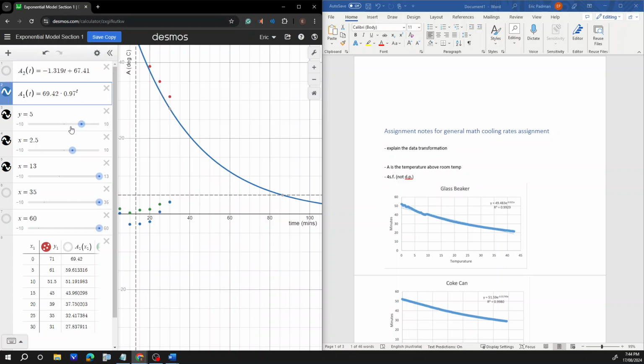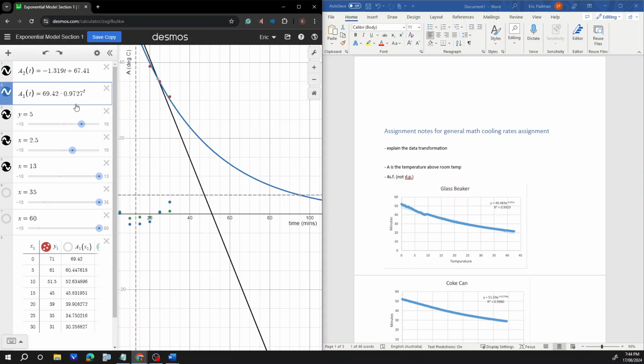I'll turn off the linear one. If I undo that, there we go. The model is better. That's what's happening with some of your models. You are rounding things to decimal places, and you have one section that is more accurate than the other. And that's going to cause problems.